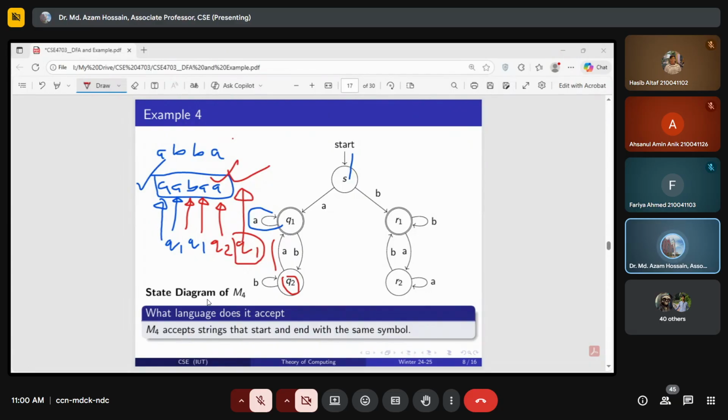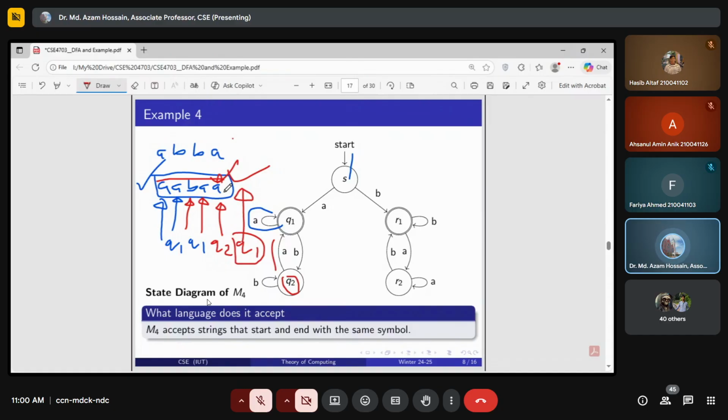We did computation. So let's understand the definition of computation with the example: when a string is given, I start from the starting state and scan all the input.